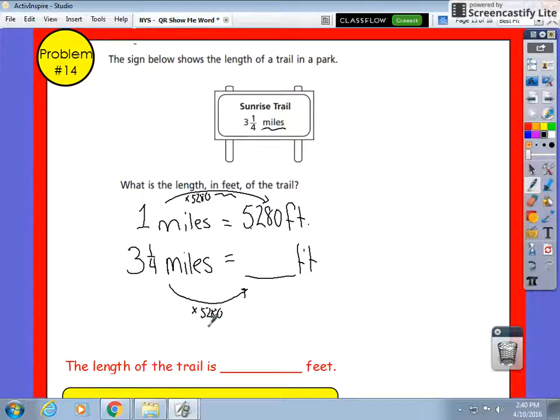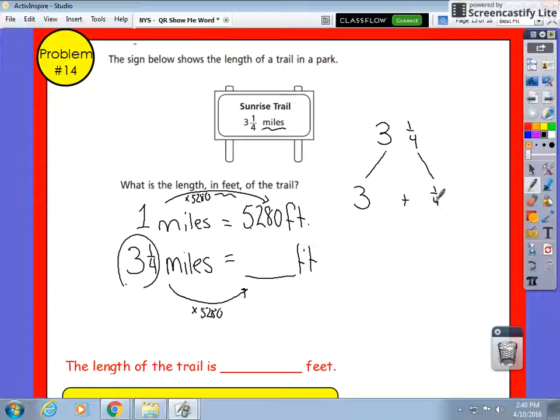Instead of multiplying 3¼ as a whole combination of numbers, I am going to decompose my 3¼. I'm going to say that I can have 3 plus 1/4.